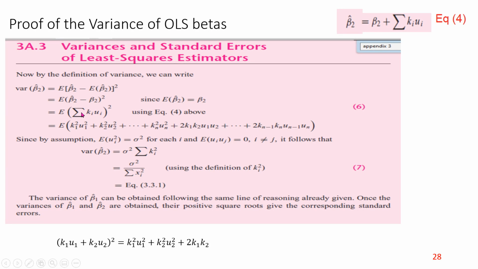Now, if for a moment I ignore the expectation sign, this is the sum of weights multiplied by a variable, and then squared. For example, if we had only two values of k and I expand this summation, it would be k1 times u1 plus k2 times u2, whole square. If I apply the formula of a plus b whole square, this becomes k1 square u1 square plus k2 square u2 square plus 2 times k1 times k2 times u1 and u2 as well.